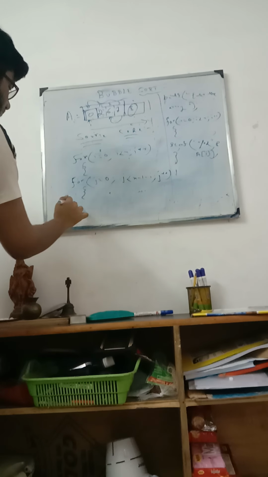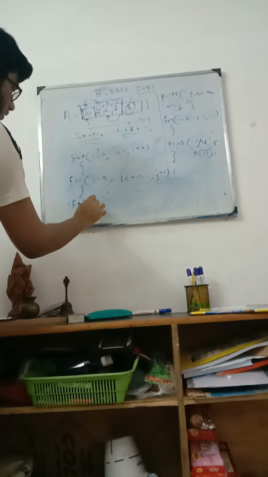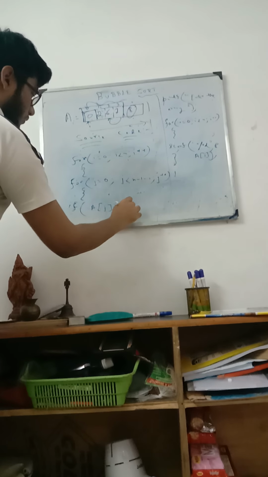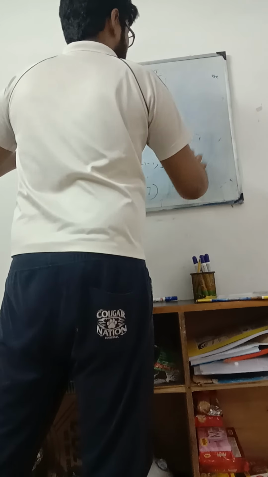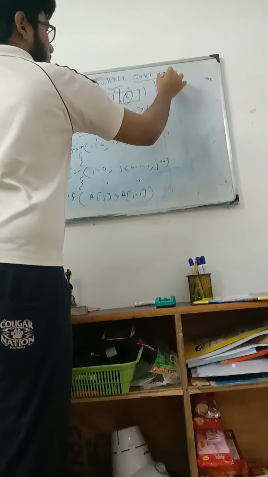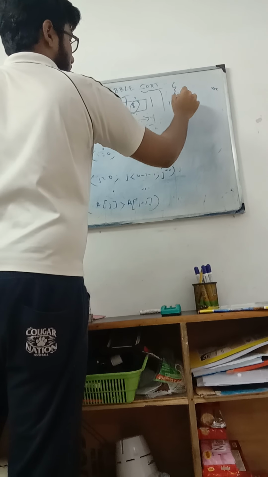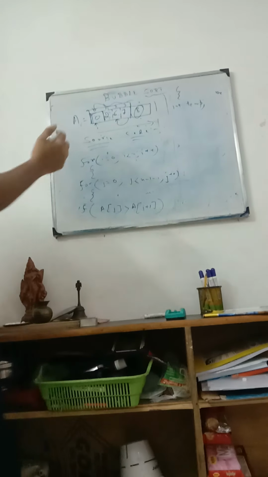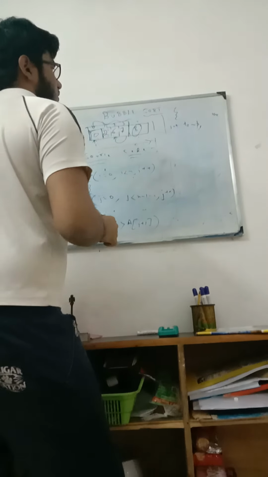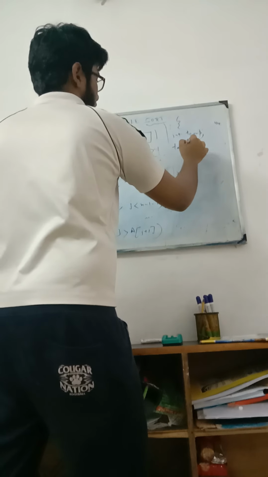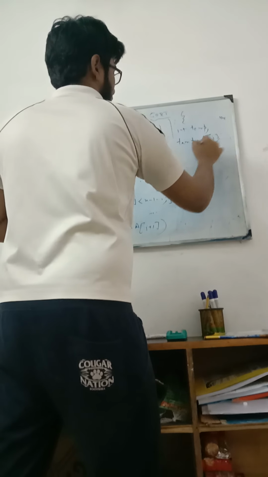And the values will be sorted. Now we will apply the logic. If a of j is greater than a of j plus 1, then we will swap it. You can swap it in any way. I am swapping it by a third variable. You can also swap it using two variables, or you can create another function and do it. That's your wish. I'm doing it in this main function only. So temp is equal to a of j. I'm swapping it.